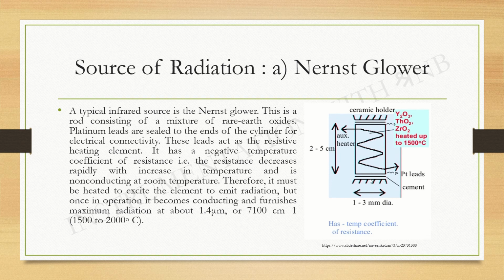That is why at room temperature, the Nernst glower is non-conducting. So we must heat the element, these rare earth oxide elements, to emit radiation. Once it starts conducting, the maximum radiation would be at 1.4 micrometer or 7,100 centimeter inverse at about 1500 to 2000 degrees Celsius.